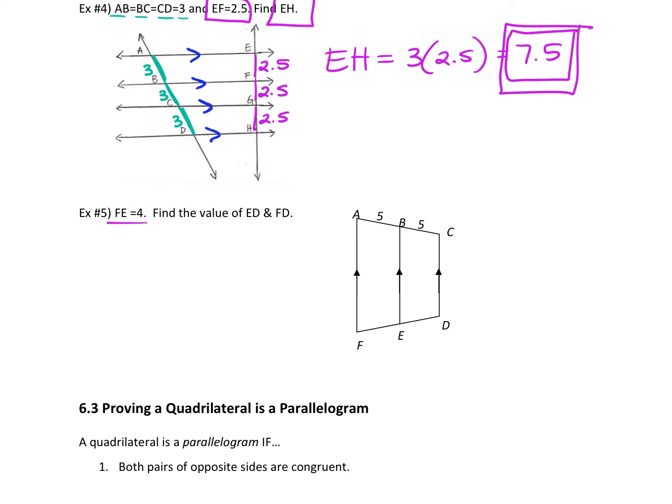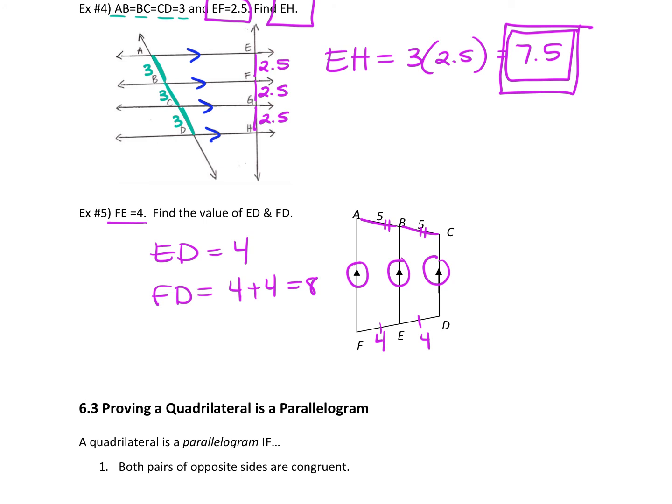If FE is 4, and these are parallel, and these are congruent, 5 and 5, then these ones over here have to be congruent as well. So if FE is 4, then this one has to be 4 too. So ED has a length of 4. What's FD? Add them together. 4 plus 4 is 8 units. Questions on that? Short and sweet and to the point, right?